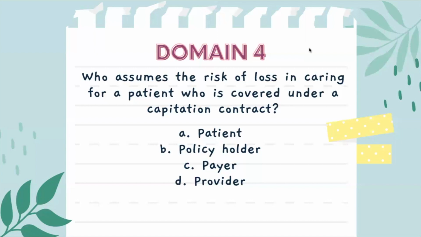So Dr. M may have 100 patients on their list, and this provider, Dr. M, has agreed that every single patient, regardless of how many times they come in for a month, will be treated by Dr. M for X amount of money. Let's just assume the amount of money is $400.